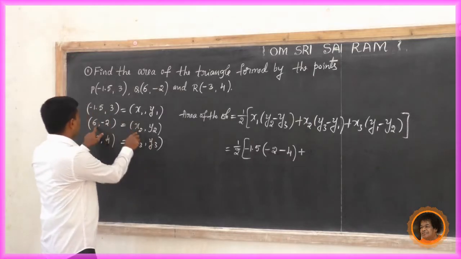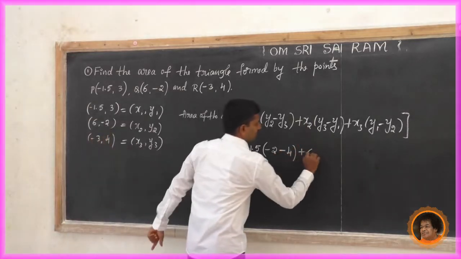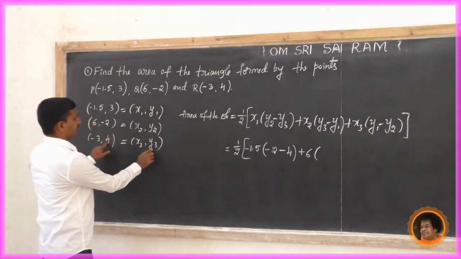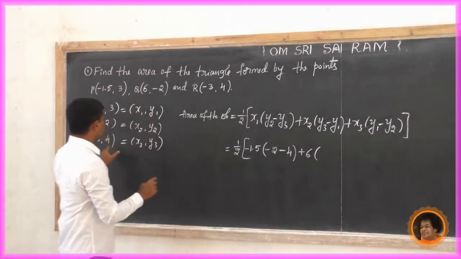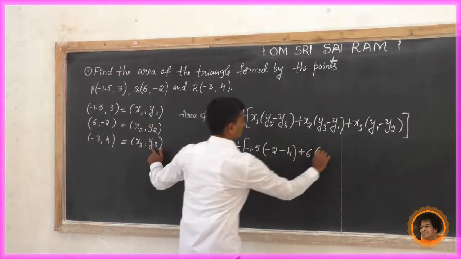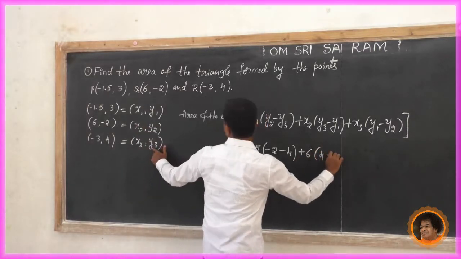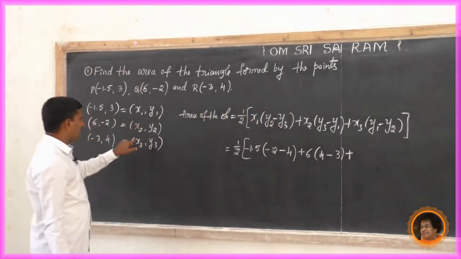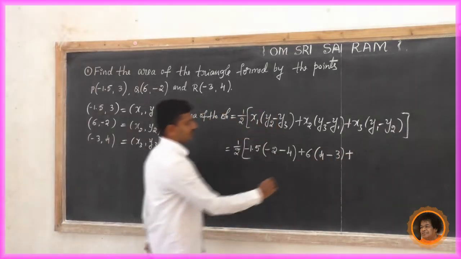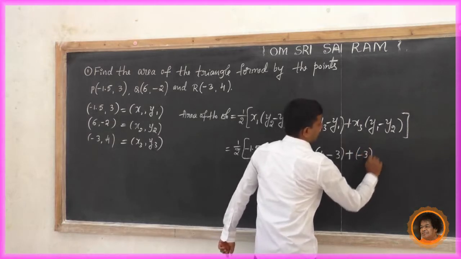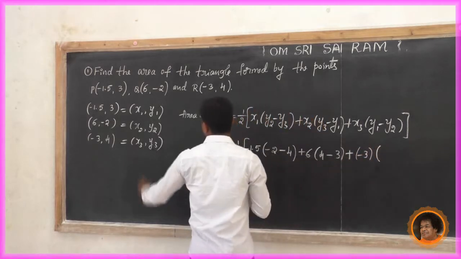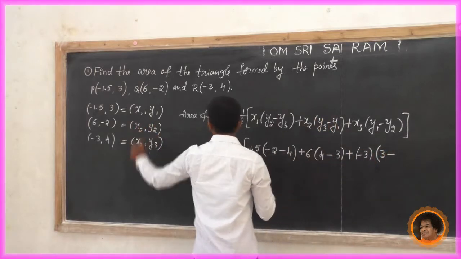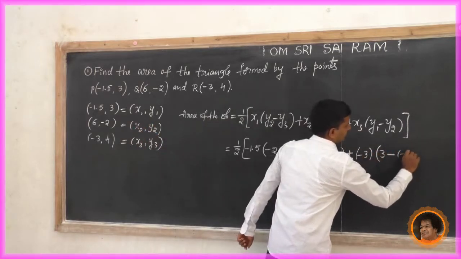So the x2 value is 6, 6 into y3 minus y1. Here y3 is 4, y1 is 3. So y3 minus y1, 4 minus 3, plus x3. The value of x3 is minus 3, minus 3 into y1 minus y2. y1 is 3 minus y2, and the y2 value is minus 2.